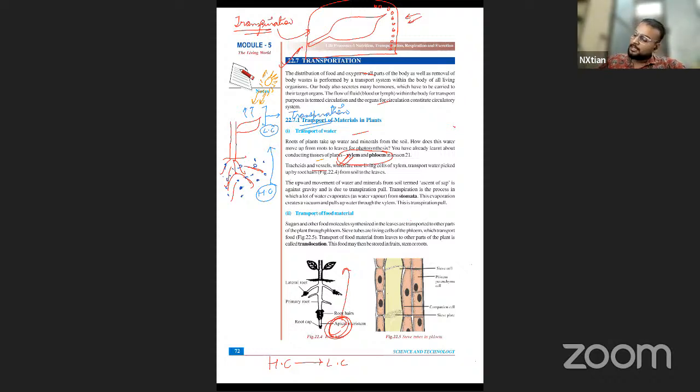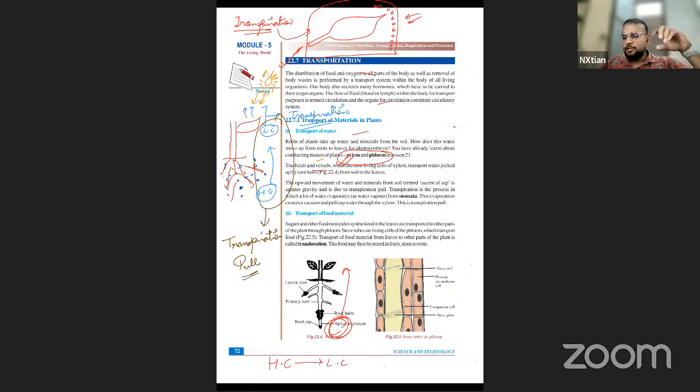This process is called transpiration pull.